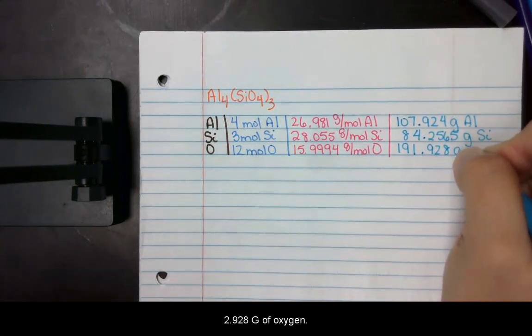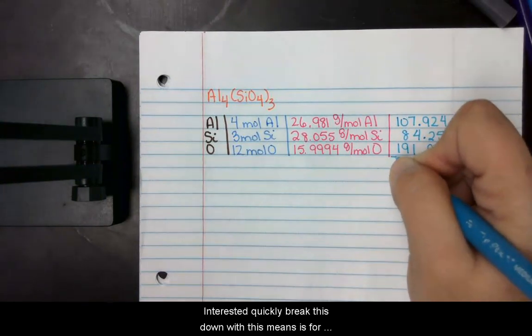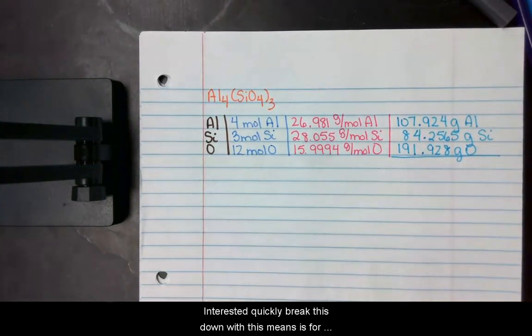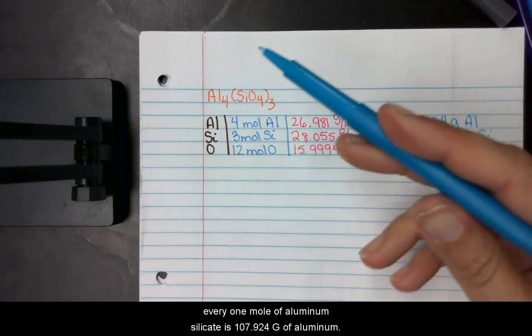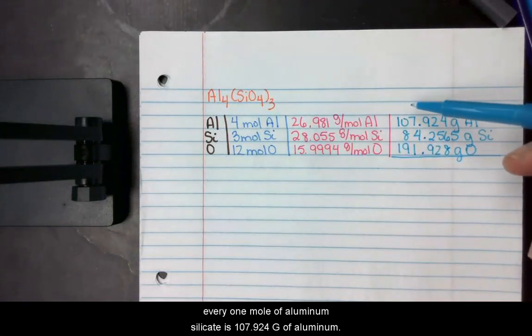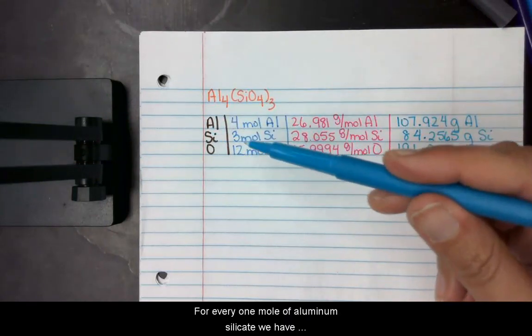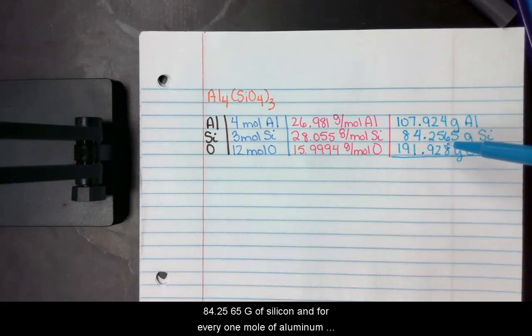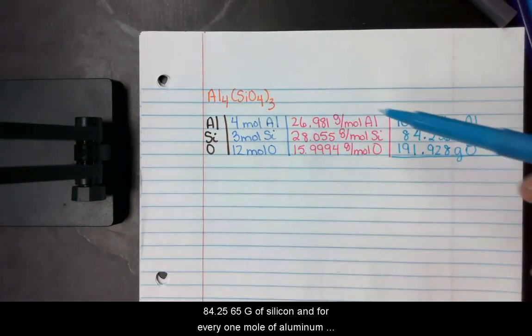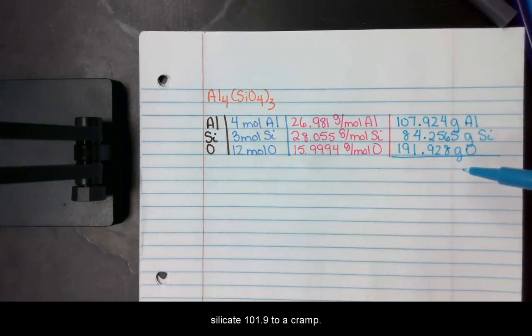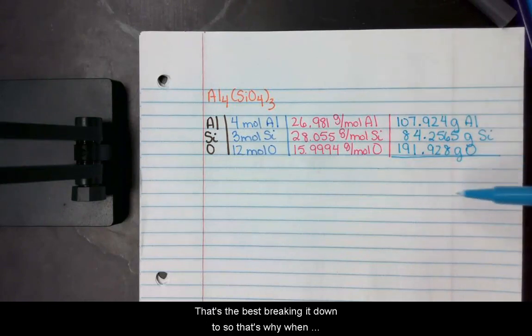And just to quickly break this down, what this means is for every 1 mole of aluminum silicate, there's 107.924 grams of aluminum. For every 1 mole of aluminum silicate, we have 84.2565 grams of silicon. And for every 1 mole of aluminum silicate, we have 191.928 grams of oxygen. That's what that's breaking it down to.